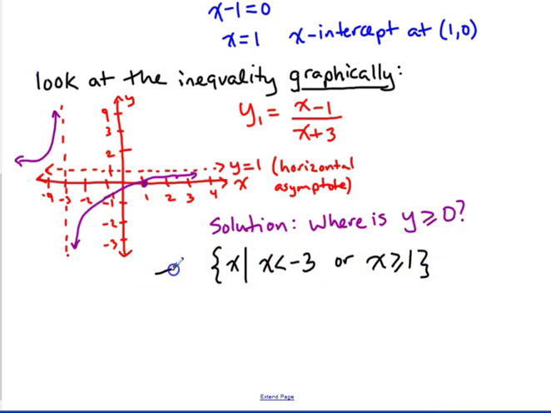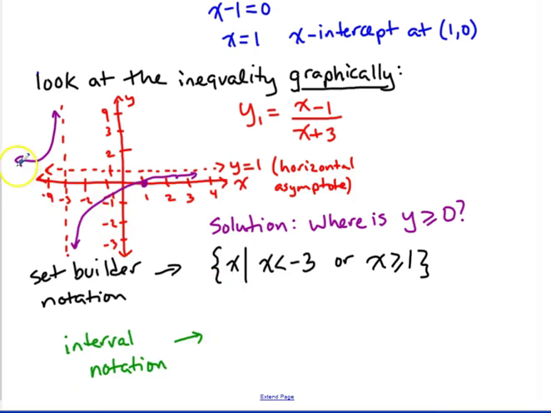So that's called set builder notation. We can also express it in interval notation. So interval notation says, okay, you're going to start down here at -infinity, and you're going to keep going right up to the point where you get to x equals -3, but not including -3, right?